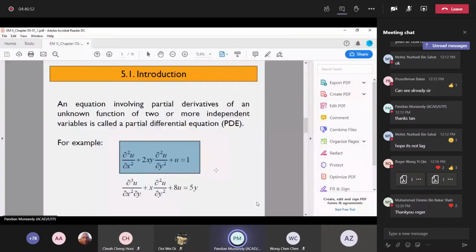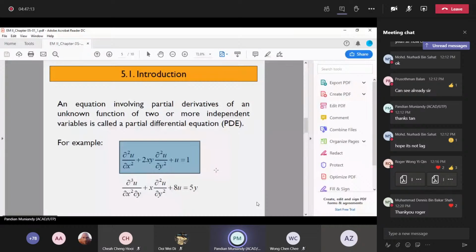But in this topic, the word iteration is very, very important, very significant, because you have to do a lot of iterations. That is the difficult task, but by using a calculator, you are able to do the iterations.